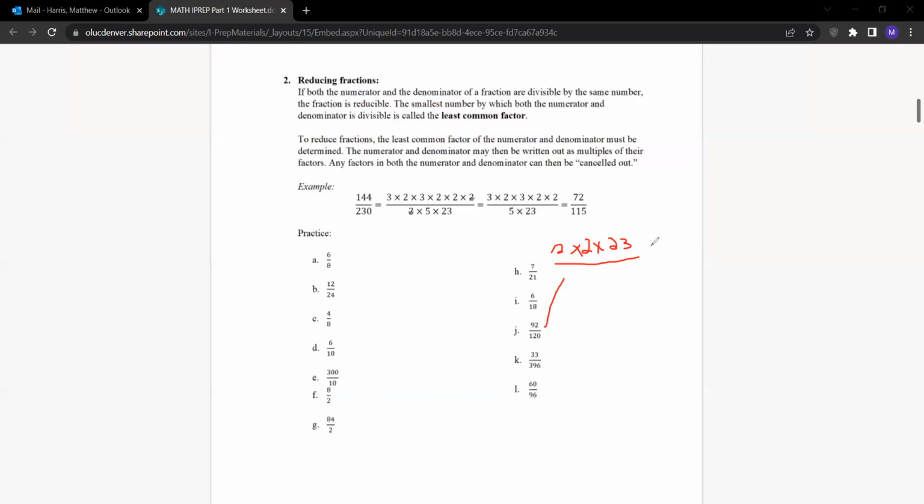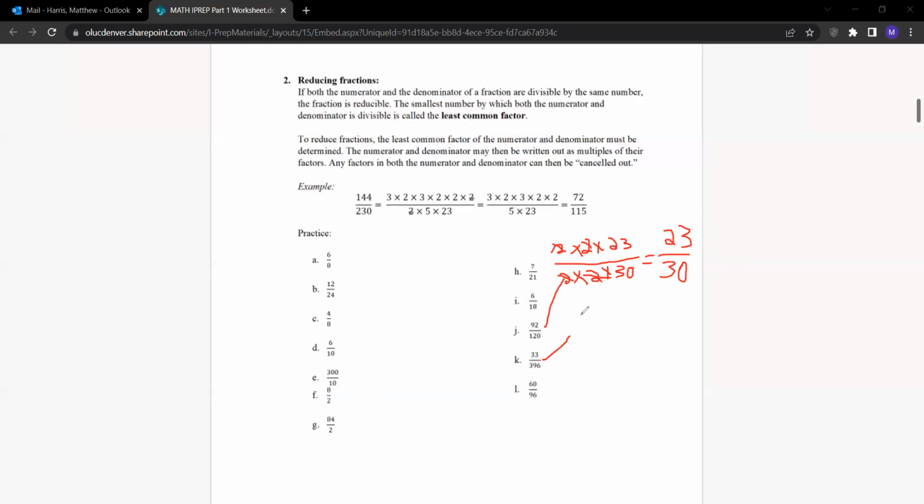So you have 120, which divided by 2 is 60. So 2 times 60 divided by 2, or yeah, it's going to be 30, but we know it's not going to cancel out anymore, so we can just leave that at 30. So 30 times 2 is 60, 60 times 2 is 120. So we have 92 over 120. We can cancel out these 2's. And we're left with 23 over 30.